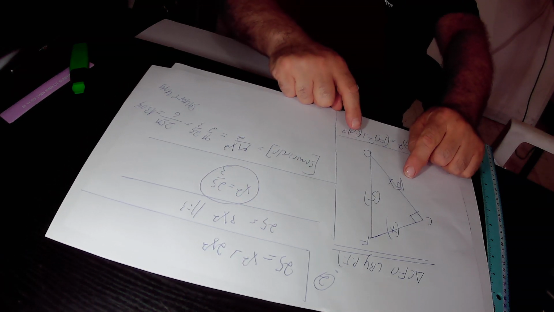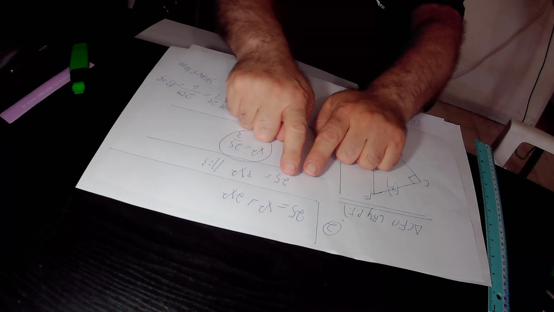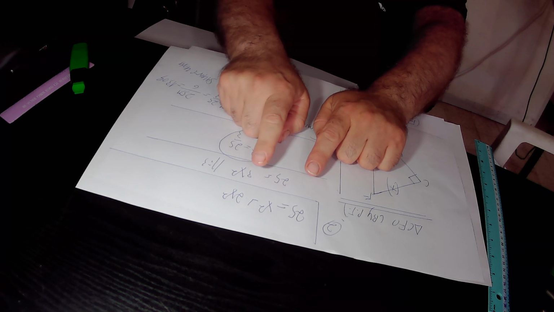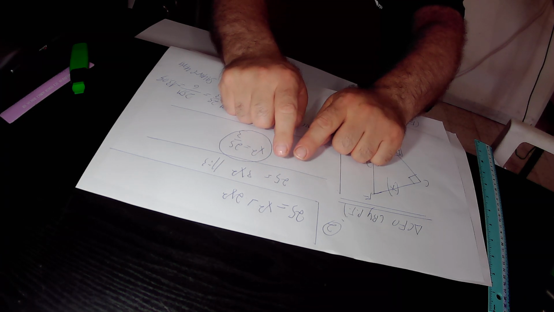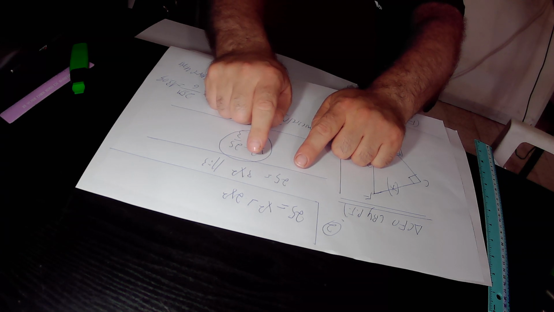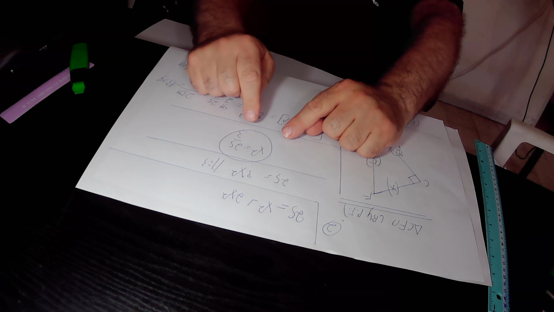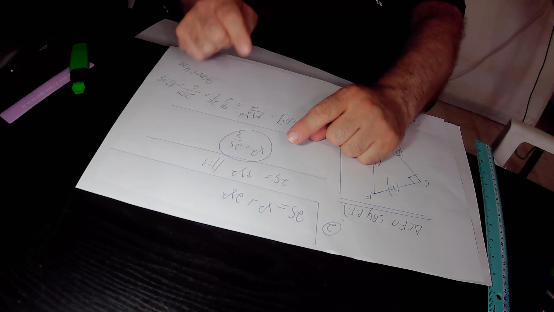CO is the square root of 2 times x, therefore CO squared is 2x squared. So in total, we found that 25 equals x squared plus 2x squared, that is 3x squared. So 25 equals 3x squared. Here we divide the equation by 3, and we find that x squared equals 25 over 3.